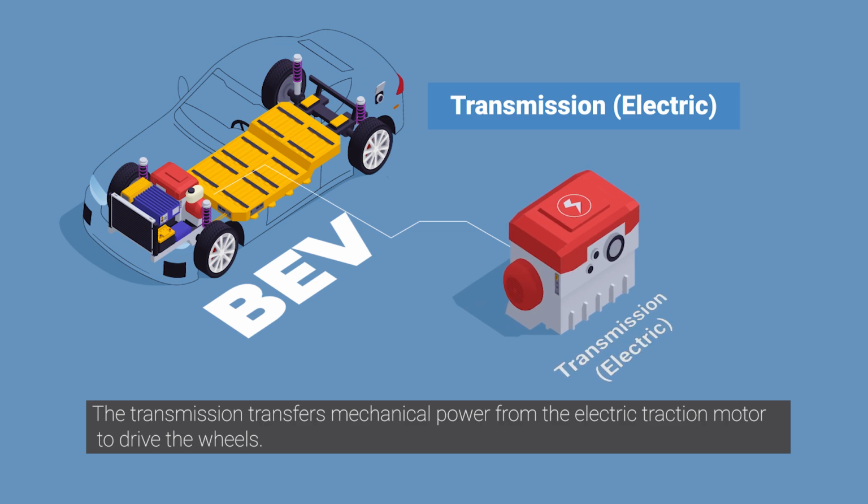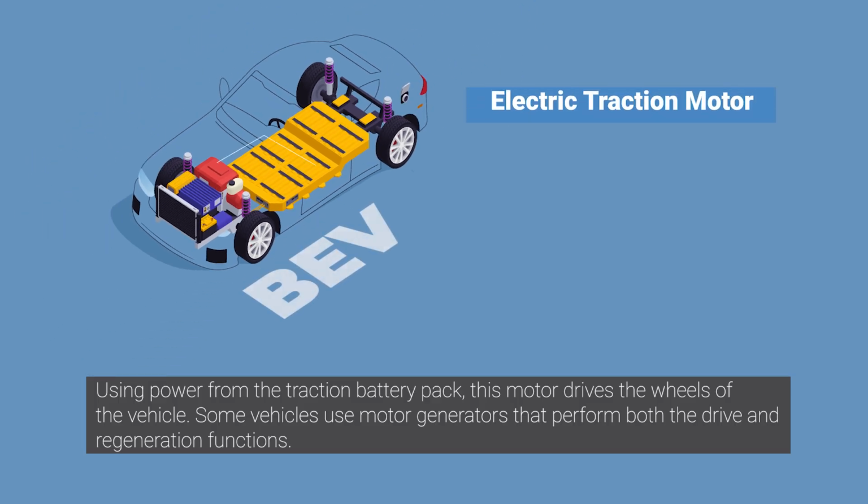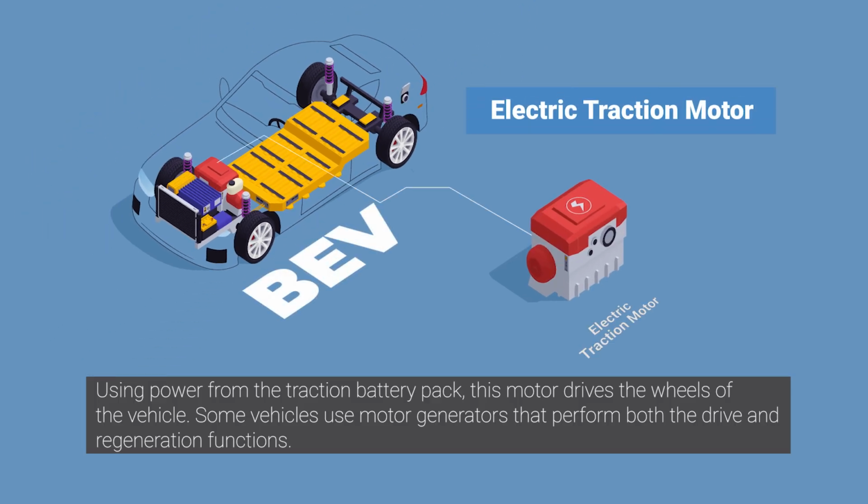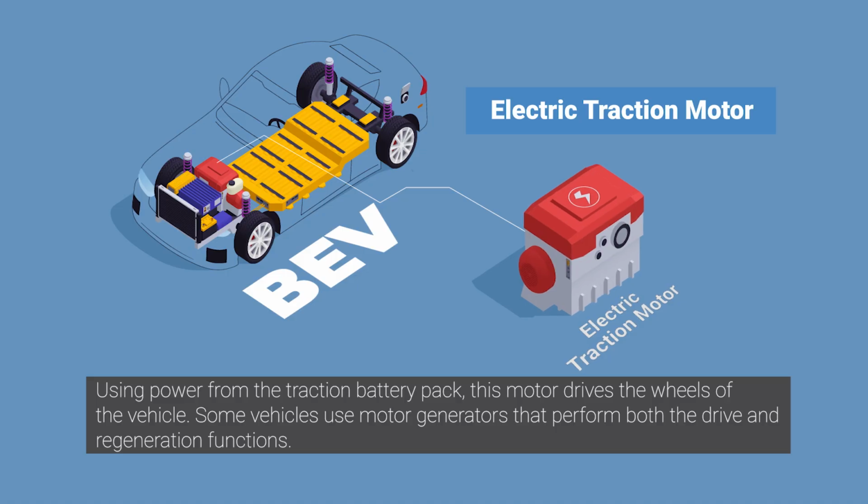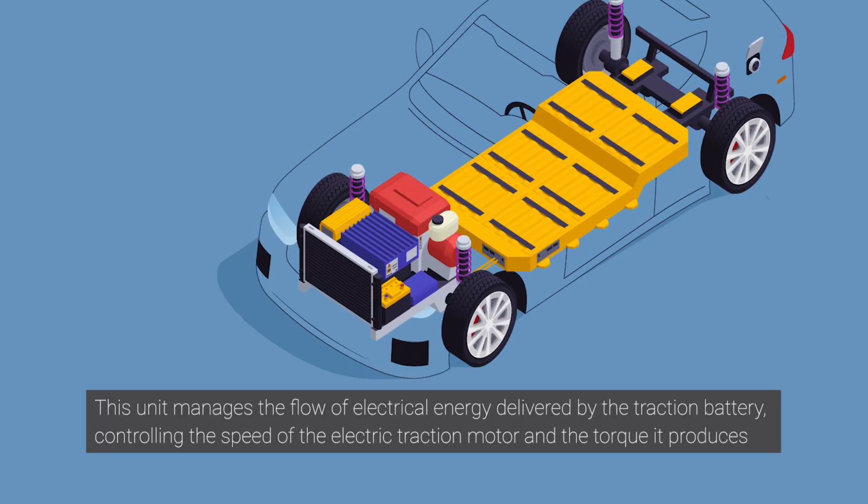The transmission transfers mechanical power from the electric traction motor to drive the vehicle's wheels. Fourth, electric traction motor. Using power from the traction battery pack, this motor drives the vehicle's wheels. Some vehicles use motor generators that perform both the drive and regeneration functions.